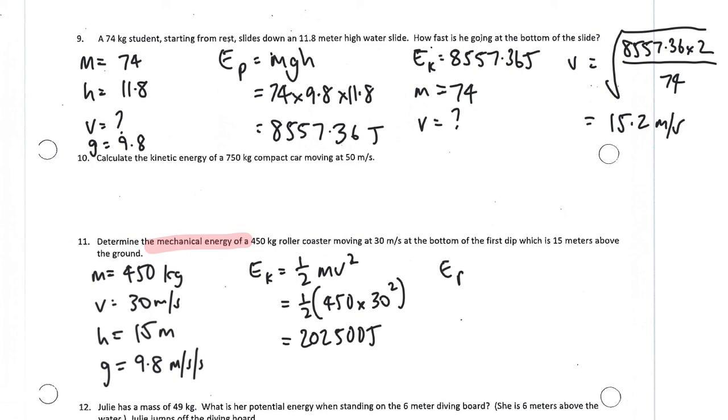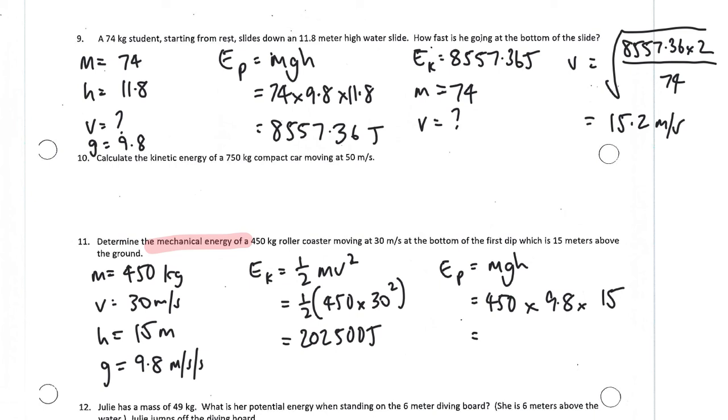Now let's work out his potential energy. It's mgh. What's that? M is 74. No, wait. M is 450, because now we're doing the roller coaster. Times G, 9.8, times H, 15.